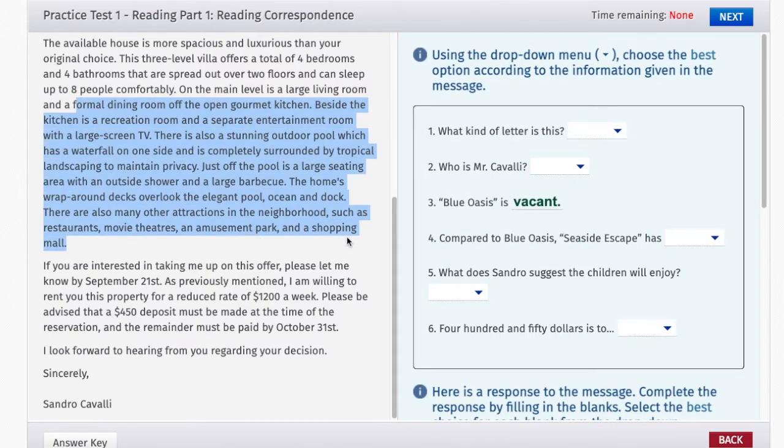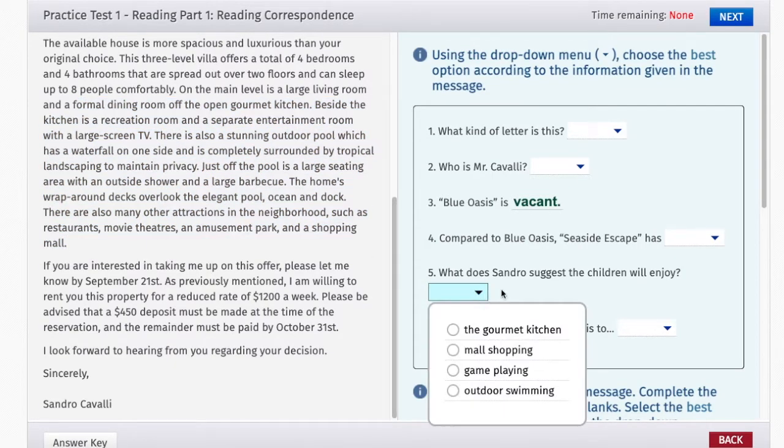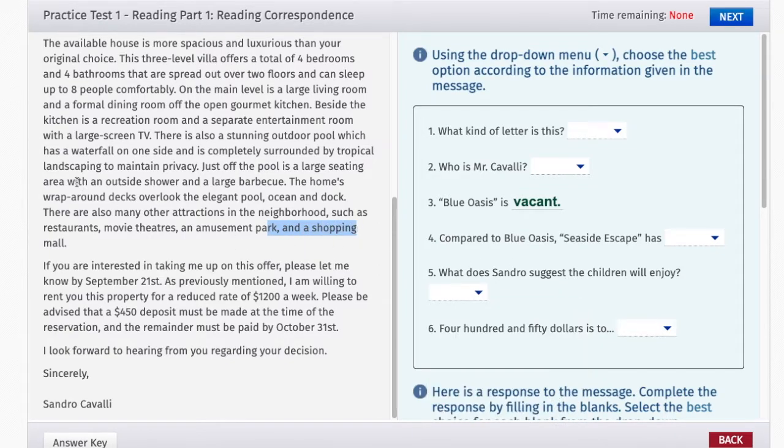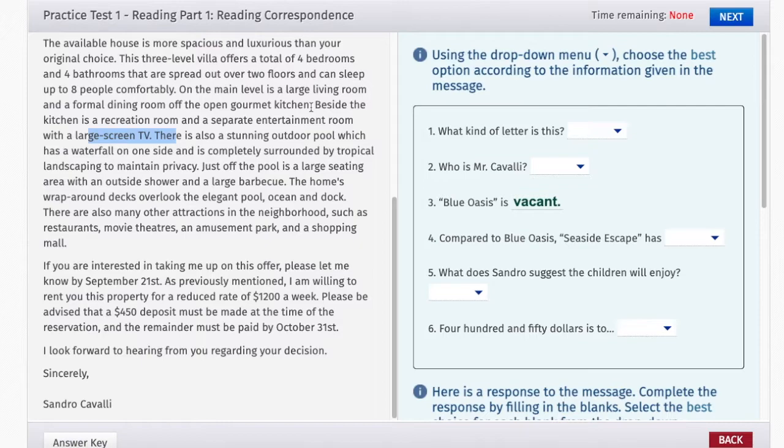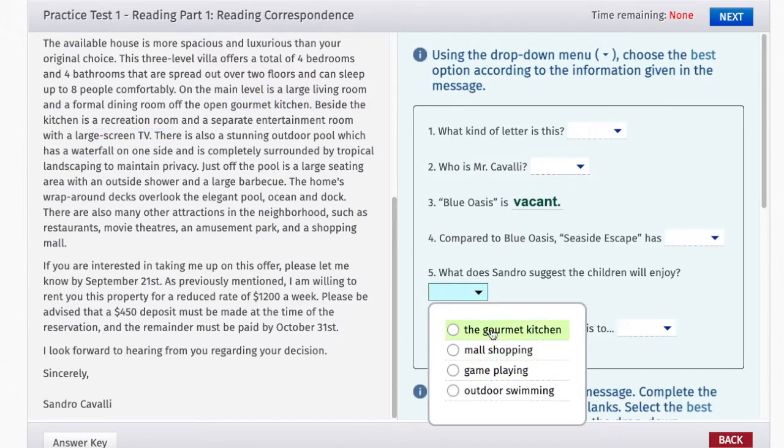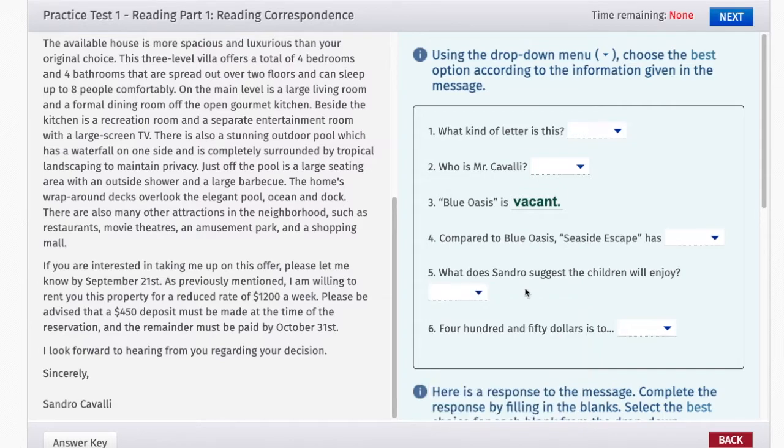Okay, for example, what the children will enjoy talks about shopping, talks about swimming, it talks about game playing. Right over here I see screen TV, entertainment, there's gourmet kitchen, right?